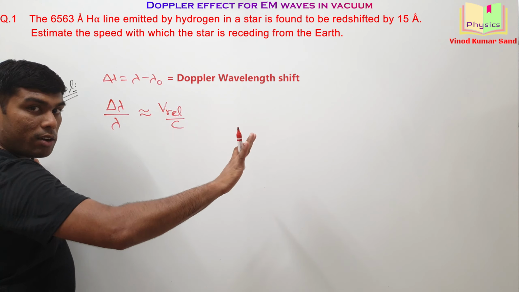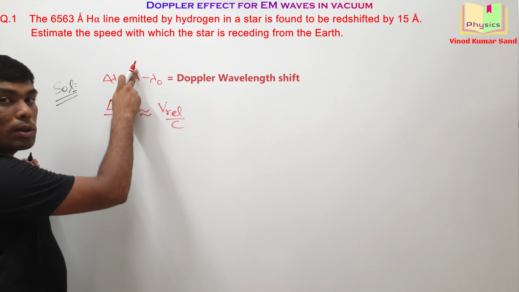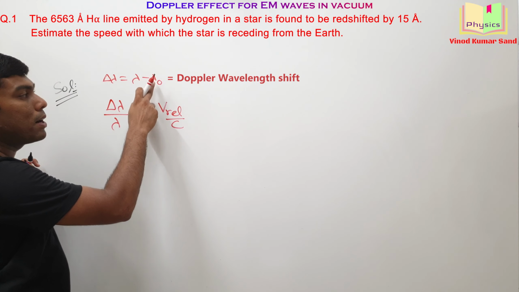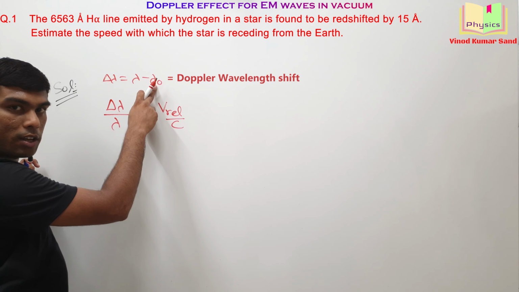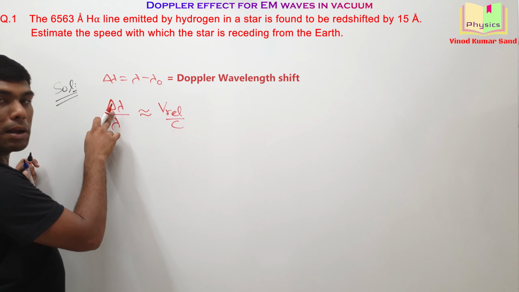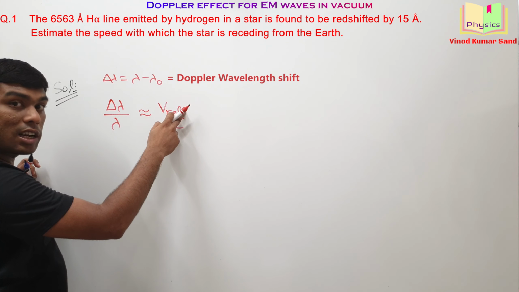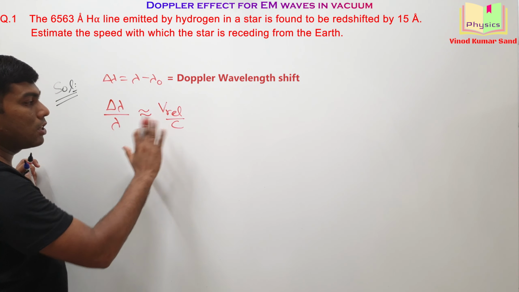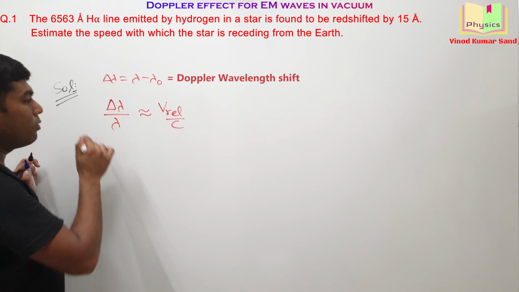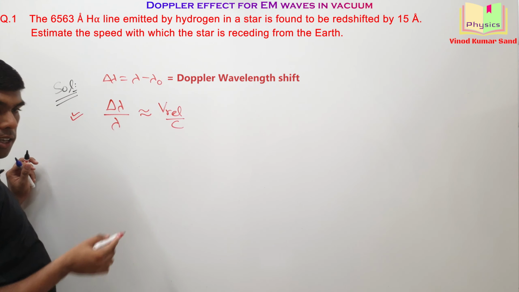The star is receding away, so the measured wavelength will be more compared to the proper wavelength of the source. This parameter is positive, V relative is the relative speed, which is positive, and C is positive. So this formula will work very well in this case.